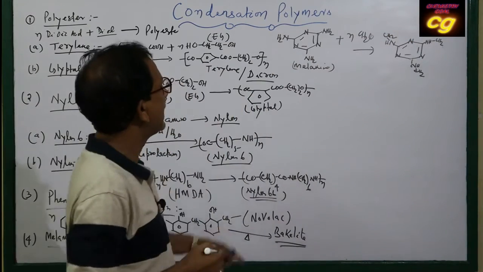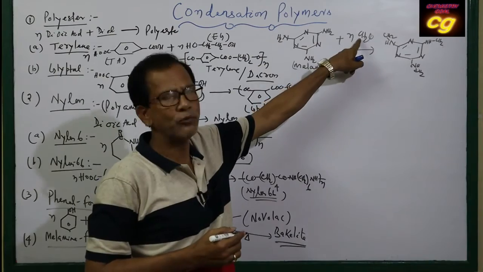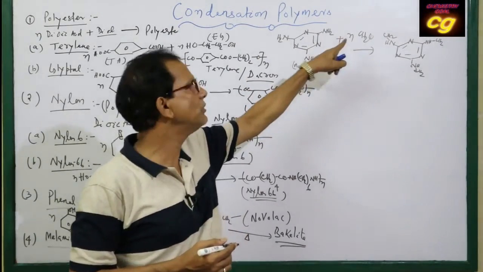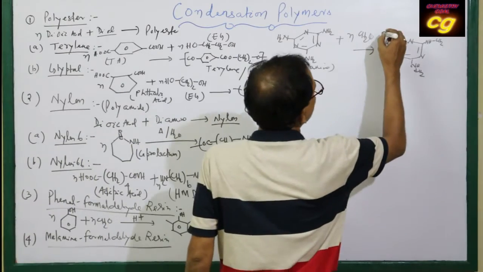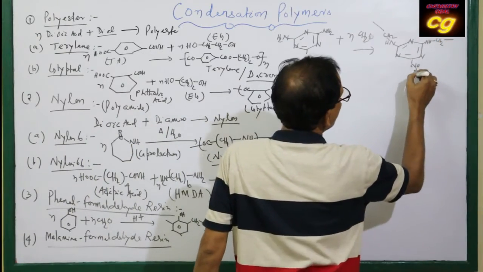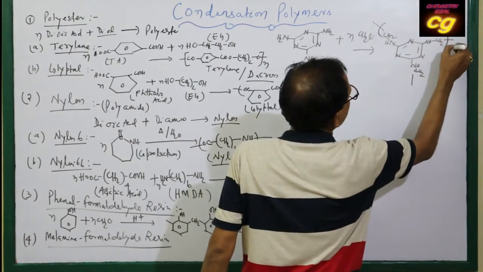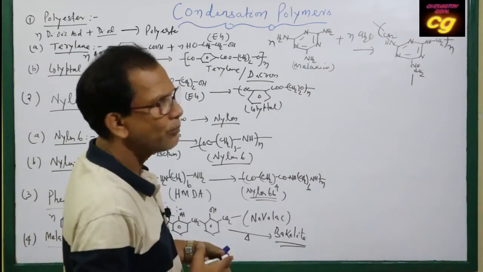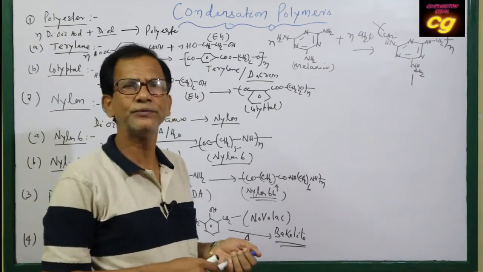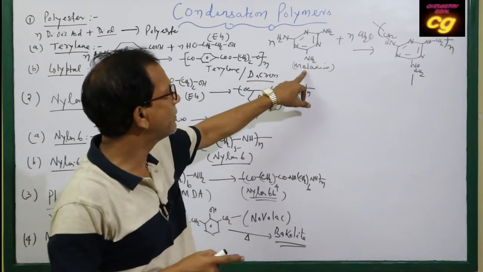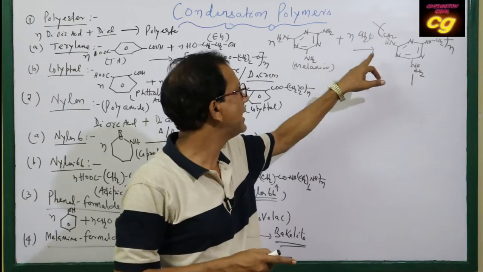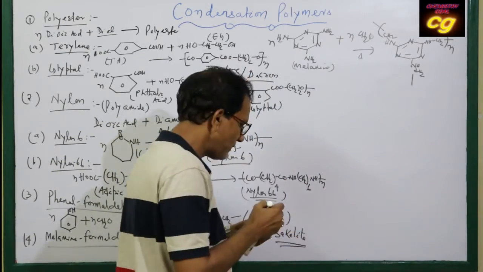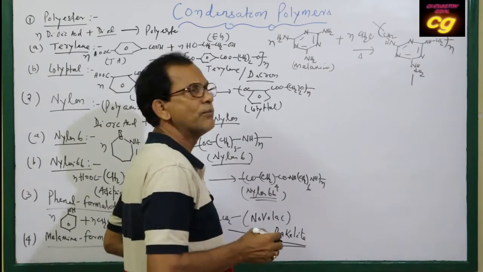So this amino group and the formaldehyde condense with the loss of a water molecule, and this will extend in all directions, the whole bracket with n. So if you take n number of melamine, n number of formaldehyde, on heating it forms melamine formaldehyde resin.